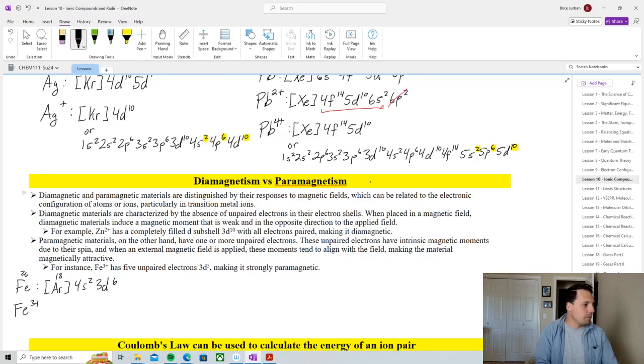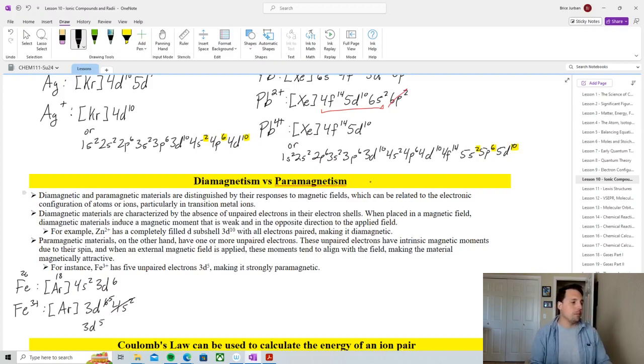For iron 3+, we need to change the order in which these are written. And we'll remove the highest shell number first, so these get eliminated, and then this leaves us with 5. So 3d5.